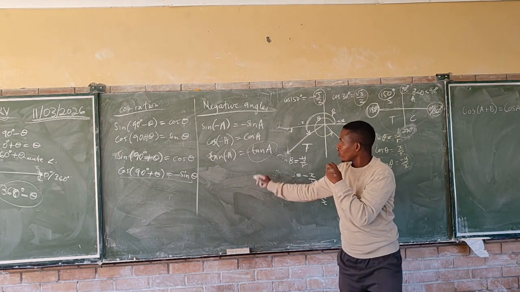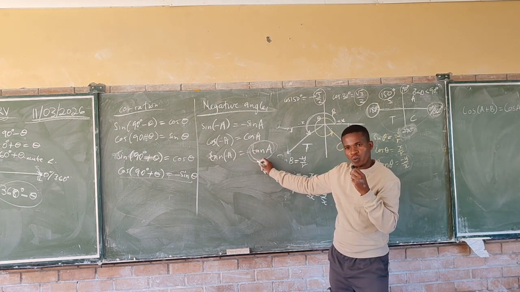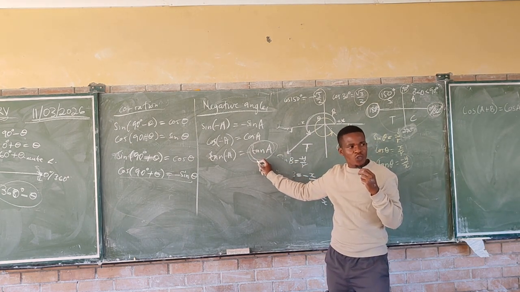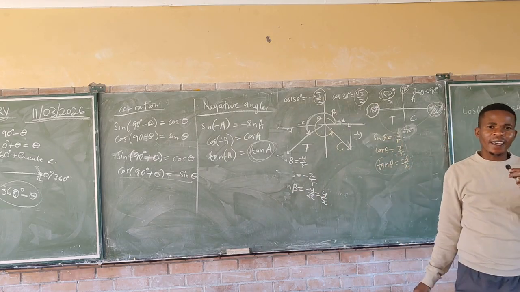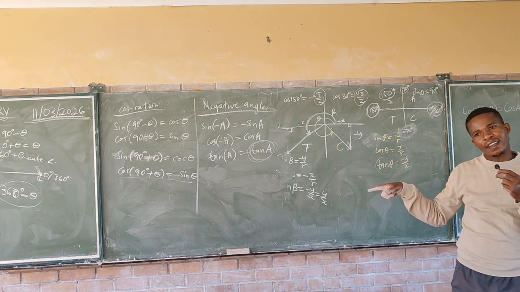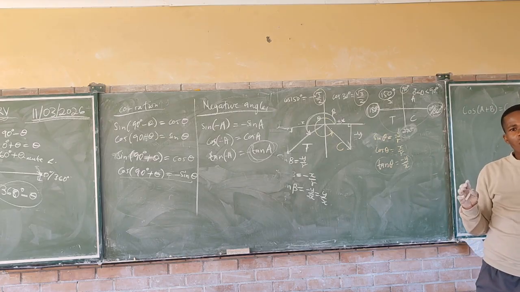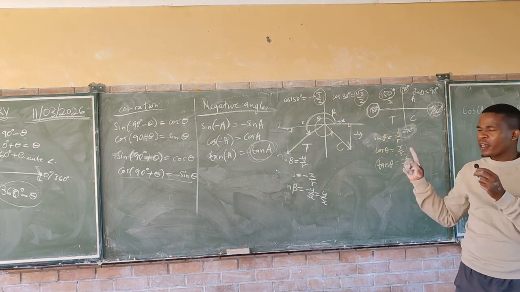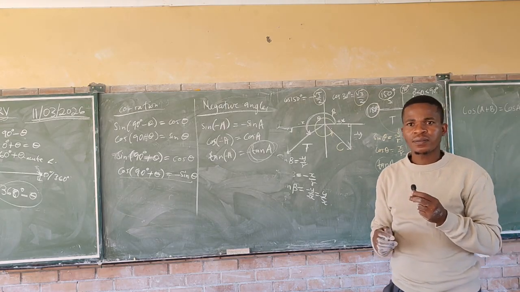When you say tan of this angle, remember this is going to be replaced by the ratio, which is y over x. So the ratio is negative. Don't be confused, it's not the angle, because we are saying tan of that angle is negative. It means the division of the sides that make that angle A is going to give us a negative ratio.